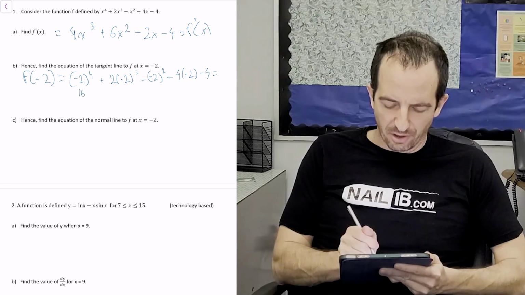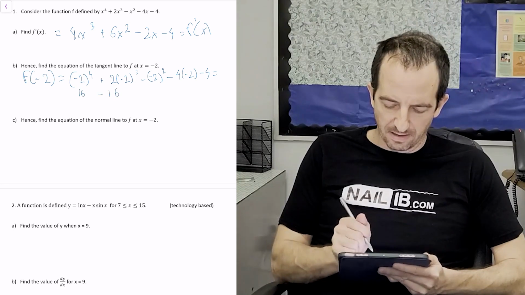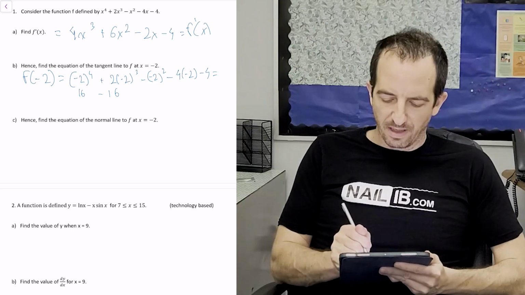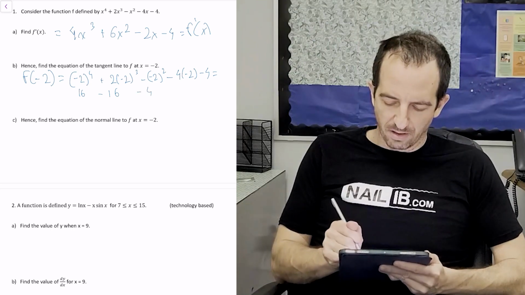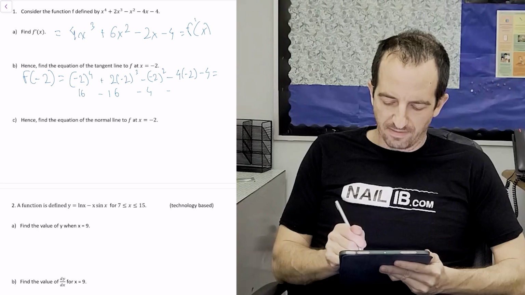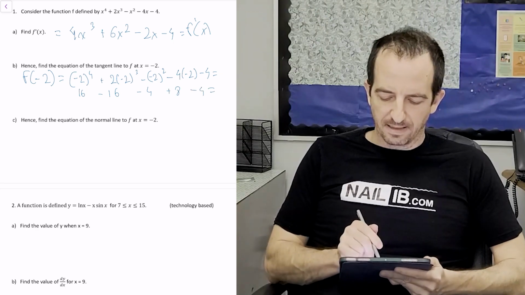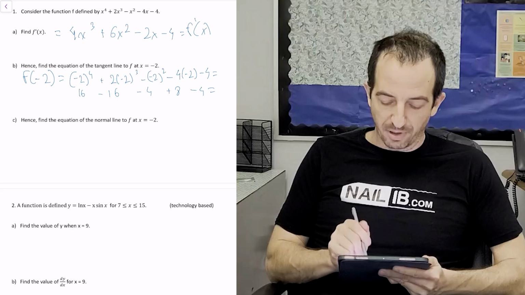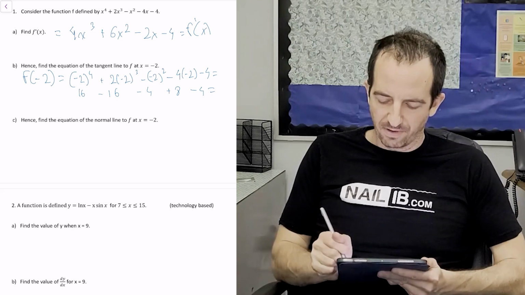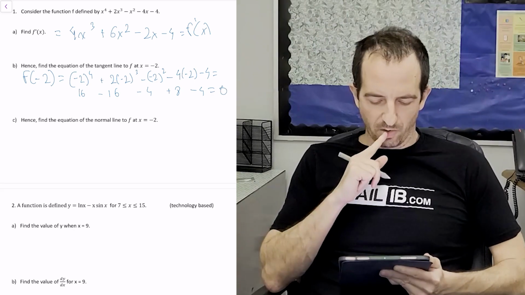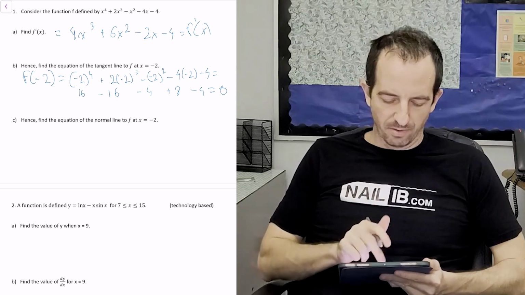Plus -2 cubed is -8, take away 16. -2 squared is 4, so take away 4. Take away -8, so plus 8. Take away 4. 16 minus 16 is 0. -4 plus 8 is 4, minus 4, so this is going to be equal to 0. So our point here is -2 comma 0.